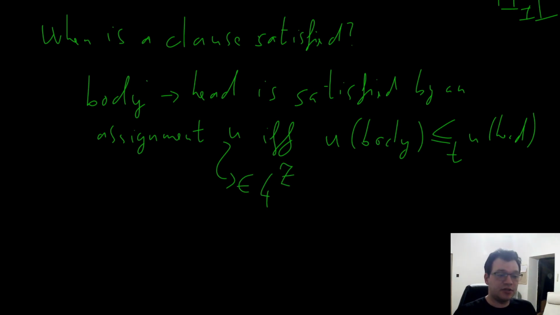This means that we just assign a value from 4, so basically an interval for each variable, and then we just evaluate the body of a clause, which is just a conjunction. We know how to do this, of variables.